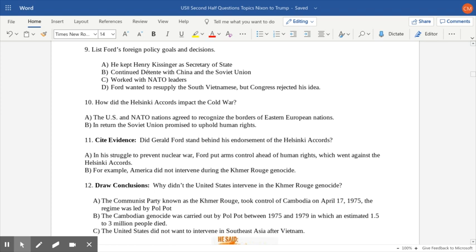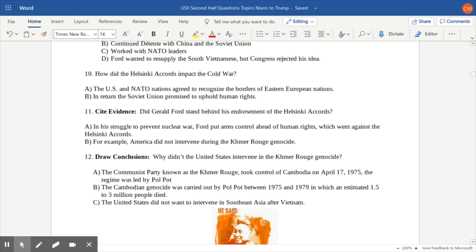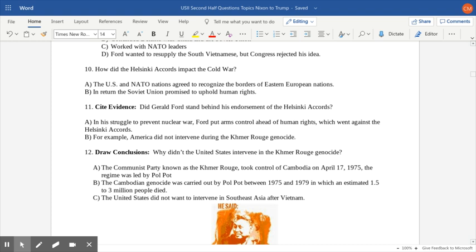One area where the United States did not intervene in terms of a tragic event ongoing around the world was in Cambodia, in the Khmer Rouge genocide. The United States knew about it and really stood by and did not do much at all. The Communist Party, also known as the Khmer Rouge in Cambodia, had a leader, Pol Pot, who had taken control right around the time the Vietnam War was coming to an end in 1975.